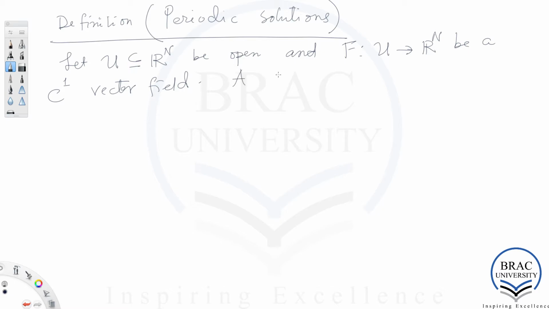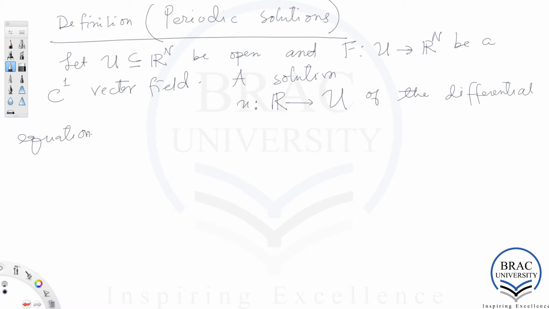A solution small u from the set of real numbers to the open set U of the differential equation dx over dt equal to f of x, which we denote by equation number 17, which is not an equilibrium solution.